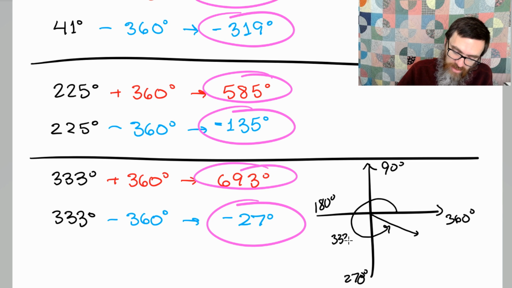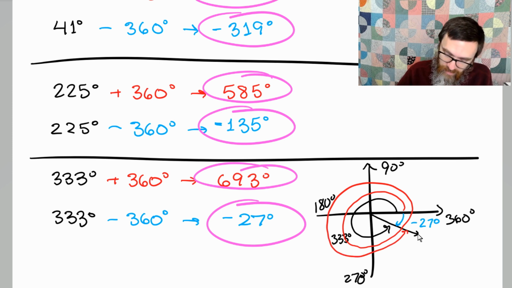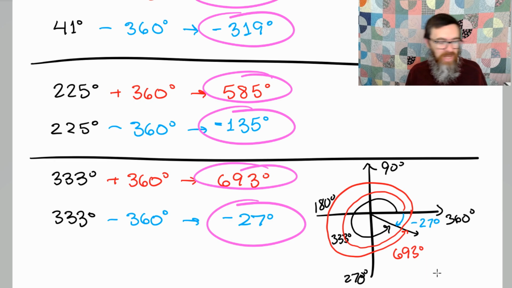Well, if you go backwards, clockwise, negative 27 degrees, you're going to be right there. If you go around the 333 degrees plus another rotation, you have gone 693 degrees. So you've got the one rotation to here, plus the other 333 degrees. So all these are going to be coterminal. They all end up facing in the same direction.